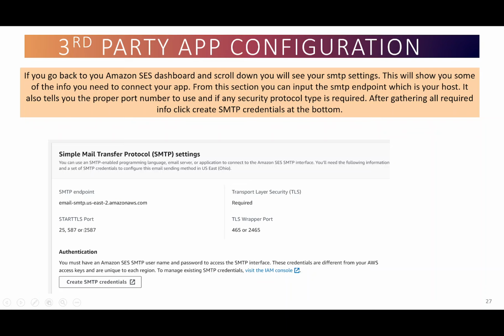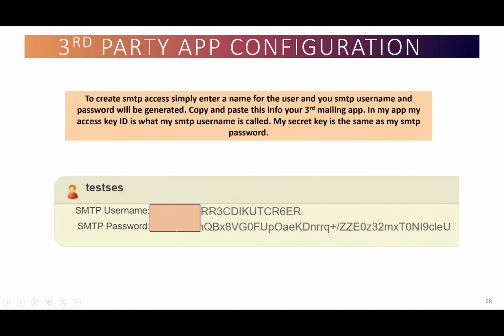It also tells you the proper port number to use and if any security protocol type is required. After gathering all the required information, click Create SMTP credentials at the bottom. Once you go through and fill out this information, then you can go to the next step.